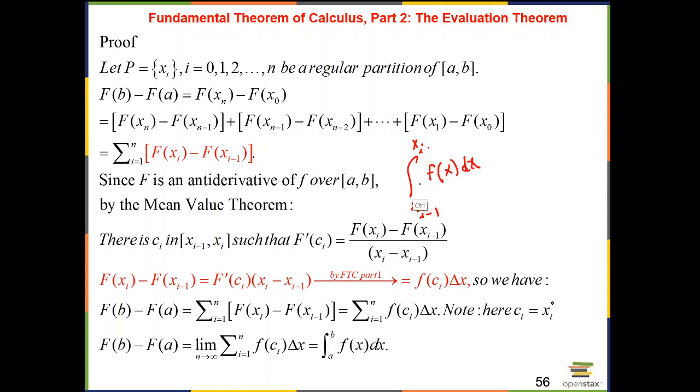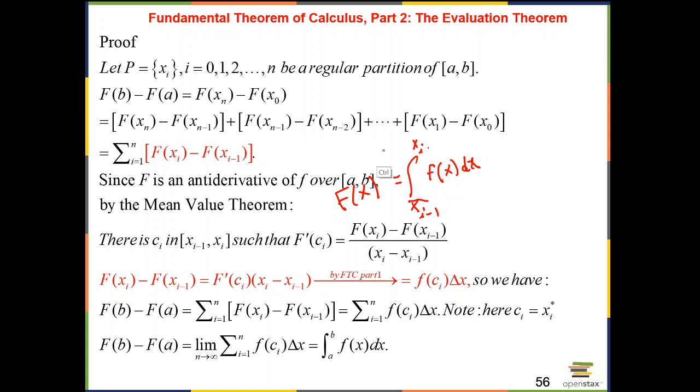If you keep the lower limit constant, not change it, then this right here equals capital F of x, right? That's the area function from this number to this number, from x sub i minus 1 to x sub i, right? Just ignore that little segment I put there.